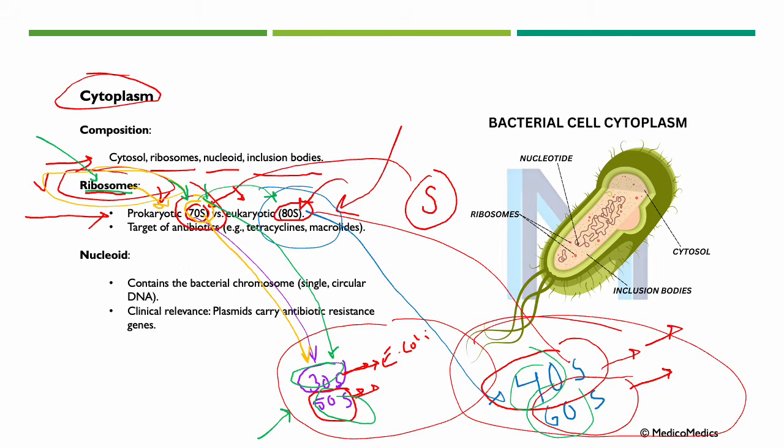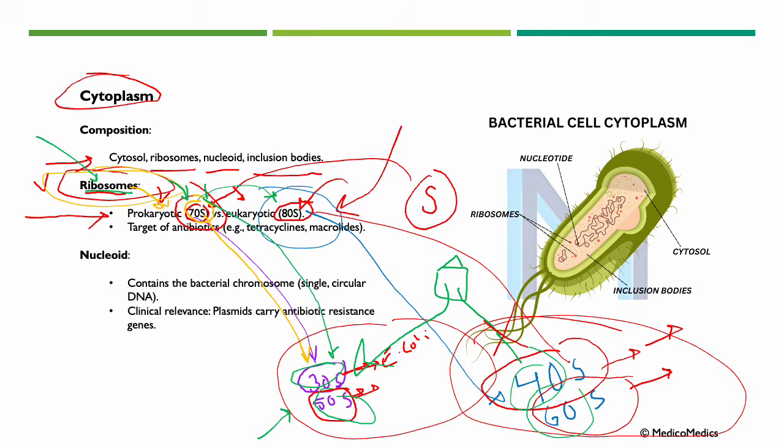So there have been discoveries whereby we are able to attack this group without attacking this group. This is key for the effectiveness of antibiotics in treating infections without harming the patient's own cells.